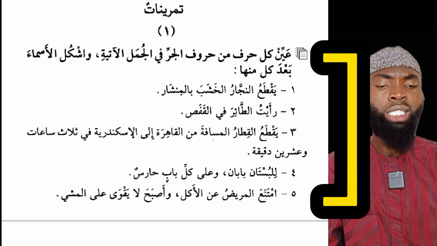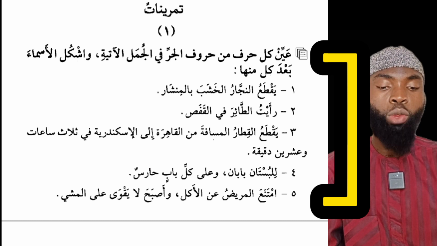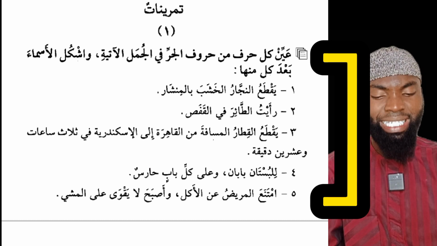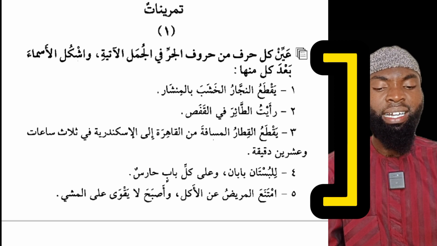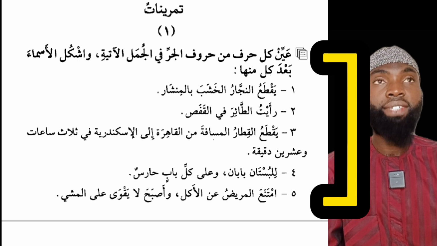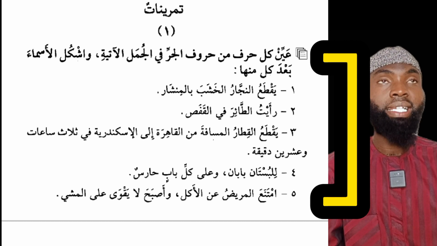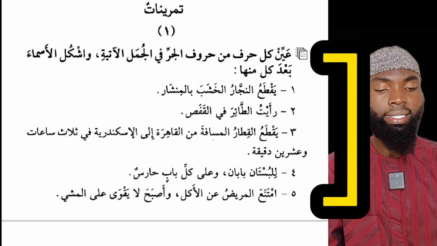So the first harf al-jar we have here is min, and that is why we can see min al-qahirati. The second we have is ila, and that's why we can see ila al-iskandariyyati. The third is fi, that's why we can see fi thalathi.